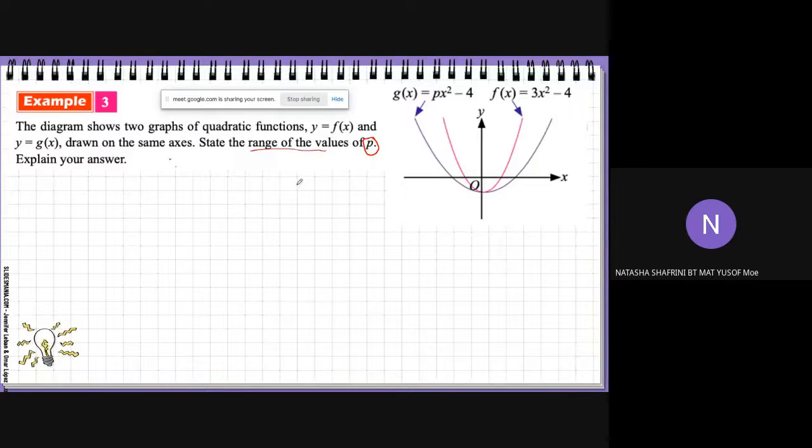Kita ada inequality, pakai inequality. P more than 0. Ada jawapan lain? Okay, satu you nampak dia U-shape tu. U-shape dia mesti a dia positif. So betul, ini betul tapi kurang tepat.